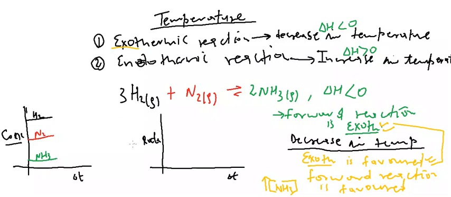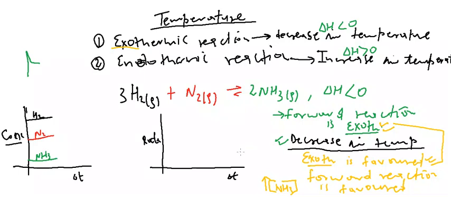Now the equilibrium is disturbed by decreasing the temperature. What will happen? As we decrease temperature, the concentration of the substances is not disturbed: hydrogen is not disturbed, nitrogen is not disturbed, ammonia is not disturbed. Therefore, there will be no sharp increase, because we only decreased temperature.